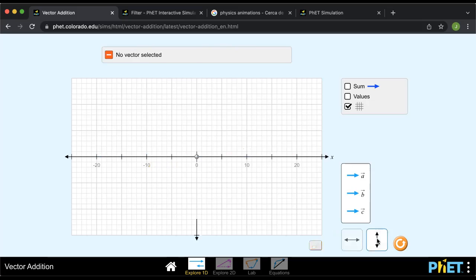Of course, we can get a vector on the y-axis.